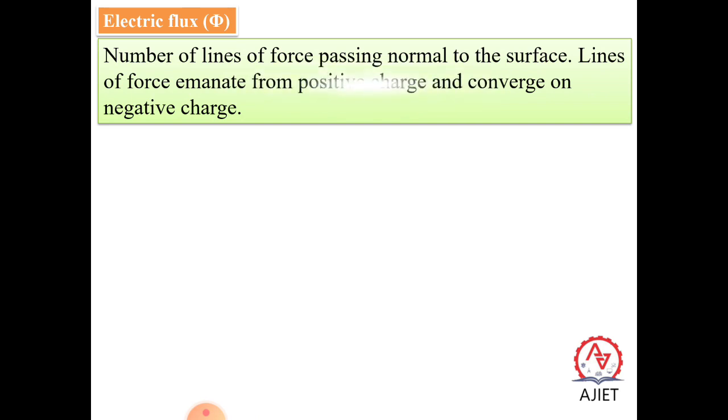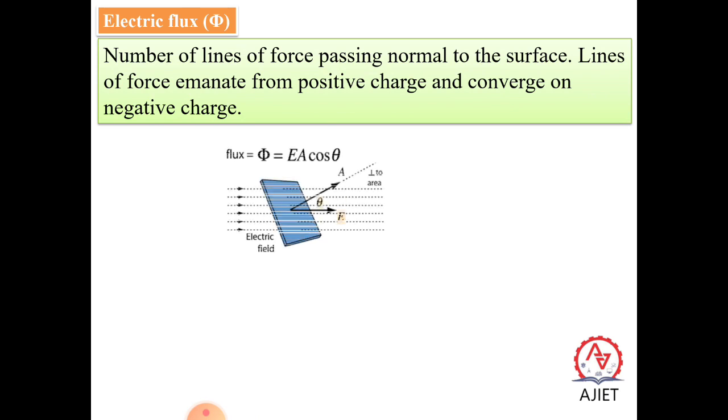Okay. So the next concept to discuss is electric flux. What is this electric flux? It is the number of lines of forces passing normally through the surface. Lines of forces emanate from the positive charge, as I told, and converge on negative charges.